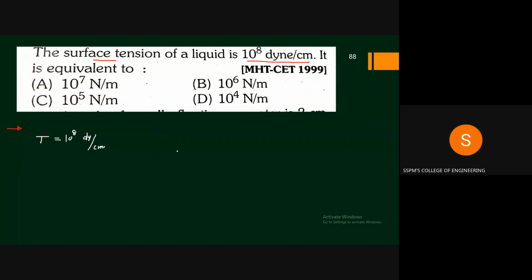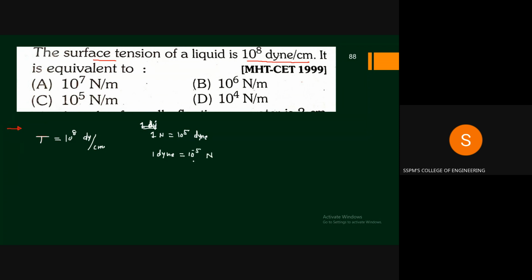To solve this problem, we should know the relation between dyne and Newton. So 1 Newton is equal to 10 raised to 5 dyne, or 1 dyne is equal to 10 to the power minus 5 Newton.